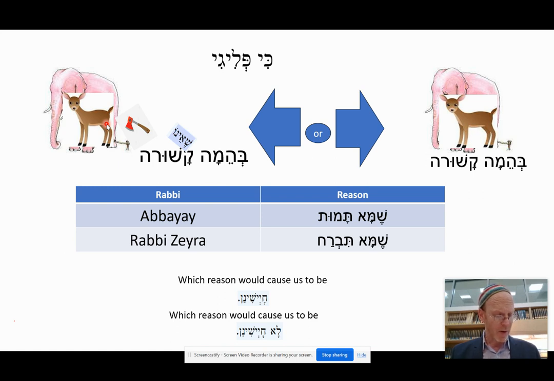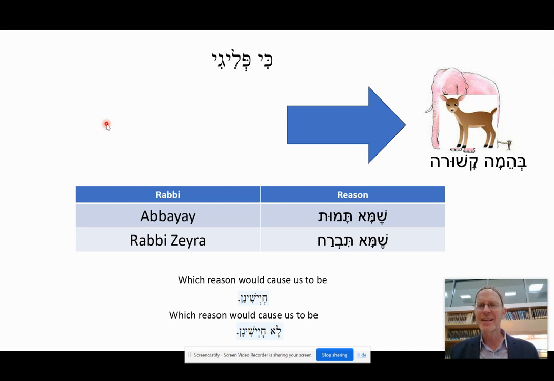We don't need to be worried about it because everyone, meaning Rabbi Yehuda and Rabbi Meir, Abaye and Rav Zera, would all agree that a deer that is not tied up and is part of a wall of a sukkah, we're going to call that sukkah lo kasher. So the only case we're really going to be dealing with is the deer that is not an elephant, but something smaller that is tied up.